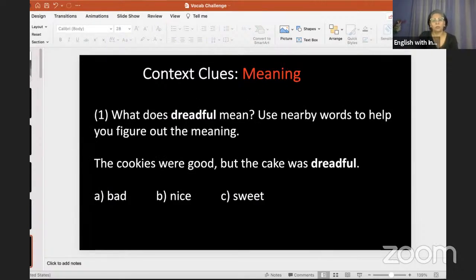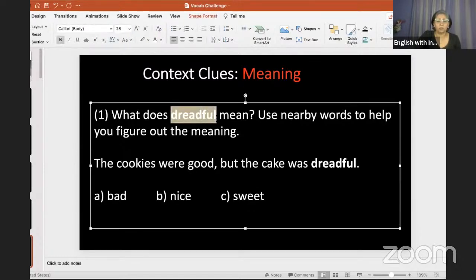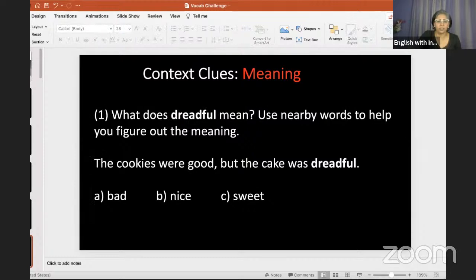The next one, we are looking for the meaning of this word. So, what does dreadful mean? Usually, use nearby words to help you figure out the meaning. So now, what is dreadful? What does this word mean? So let's read this.